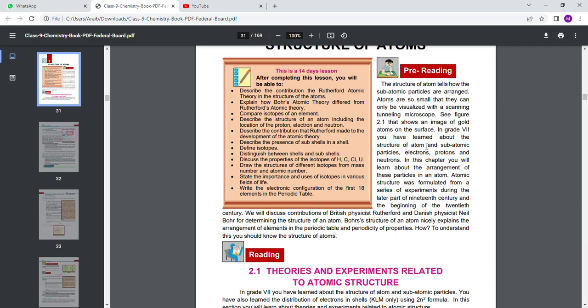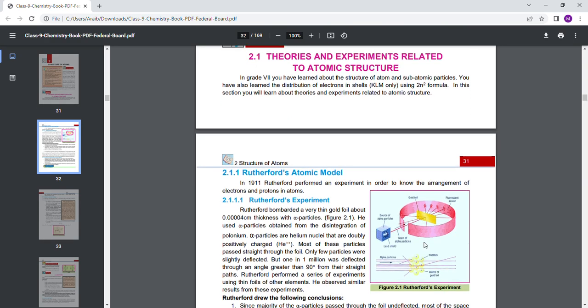Bohr's structure of an atom nicely explains the arrangement of elements in the periodic table and the periodicity of properties. How? To understand this, you should know the structure of atoms. So we will now study the structure of atoms.